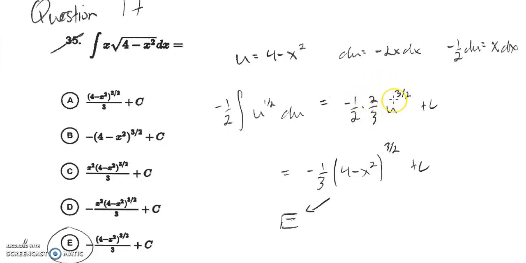Since it's a fraction, a lot of you say copy dot flip, right? Multiply by the reciprocal. We do the opposite of this guy. Instead of 3/2 it's 2/3. And this negative 1/2 is that negative 1/2. The 2's cancel, give me a 3. And then I plug my original u back in, and I get this, which matches with E.